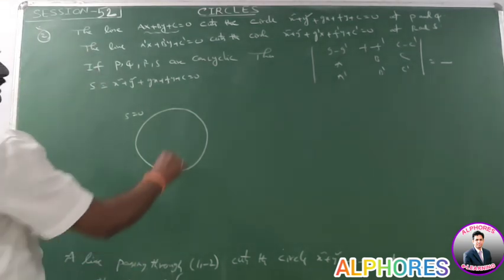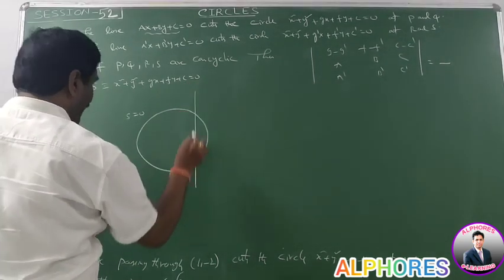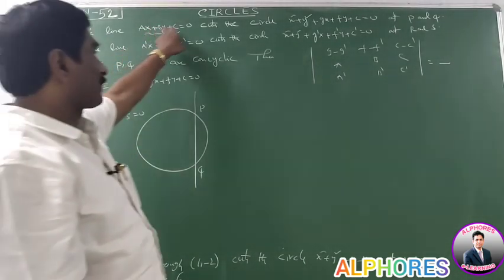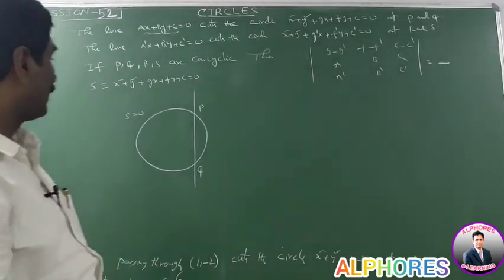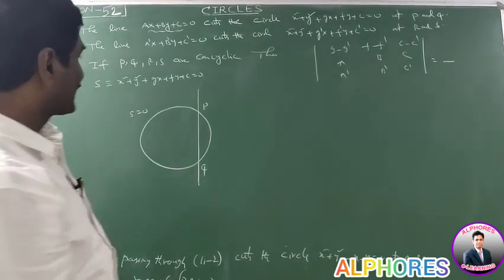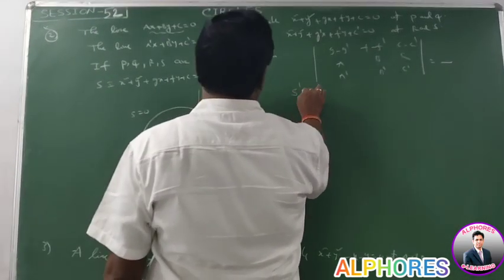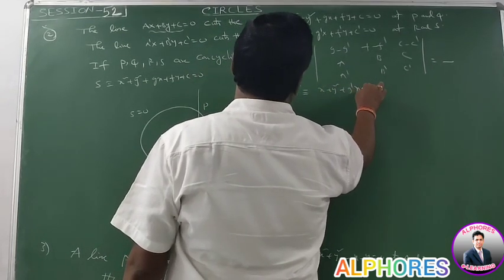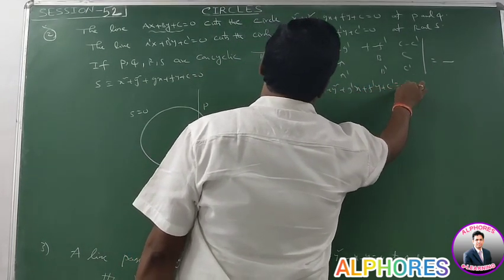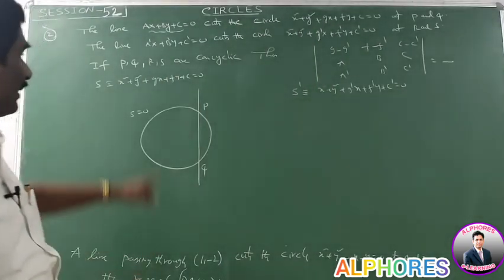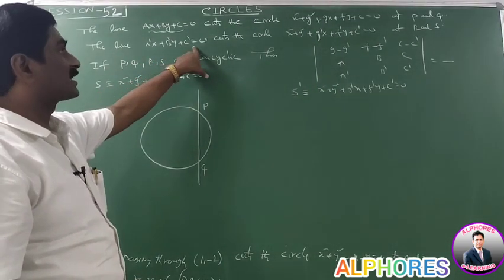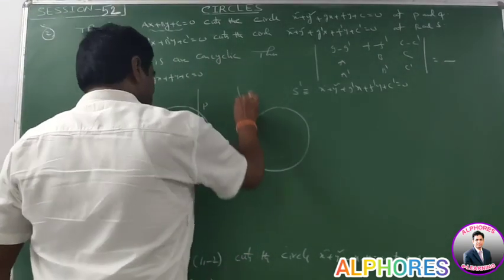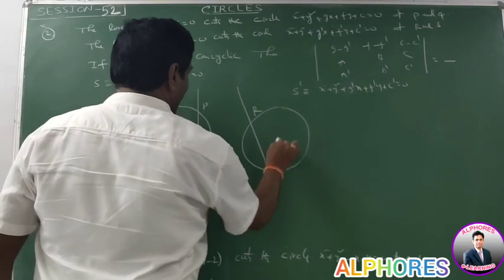The line cuts the circle at P and Q. Next, the second circle, S dash, is x square plus y square plus g dash x plus f dash y plus c dash is equal to 0. The line a dash x plus b dash y plus c dash is equal to 0 cuts that circle at R and S. Say this is another circle and this is the line RS, which cuts this circle at R and S.